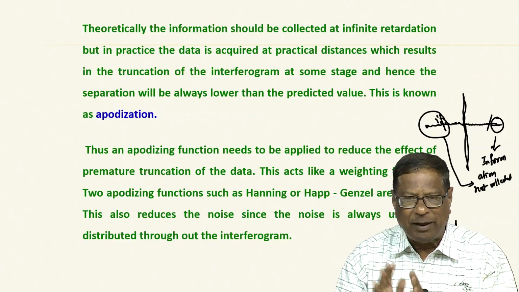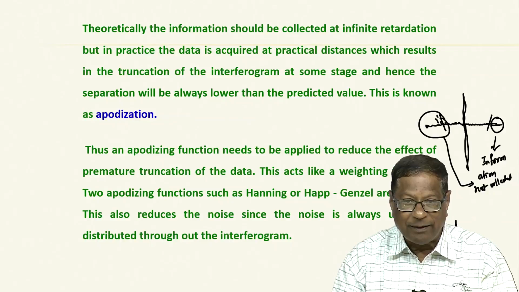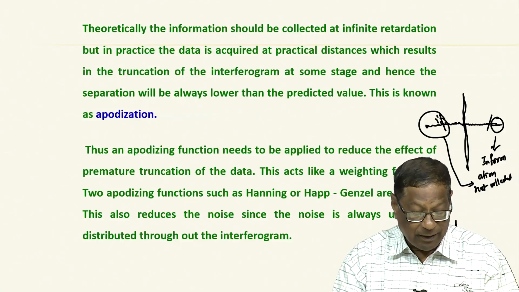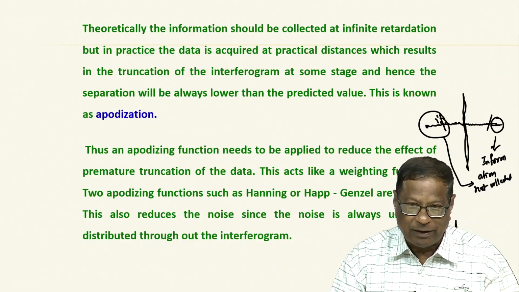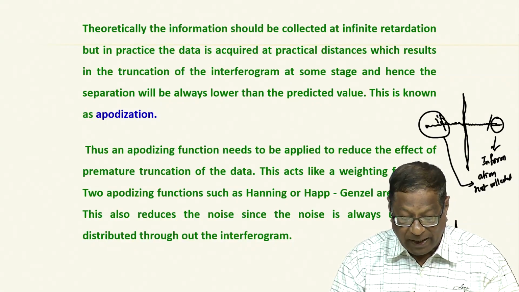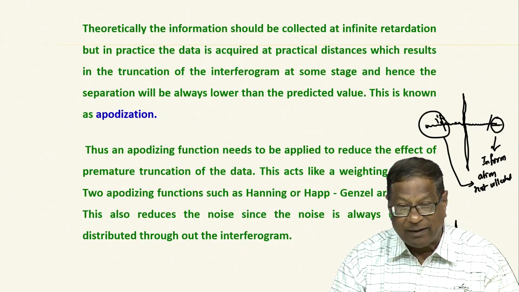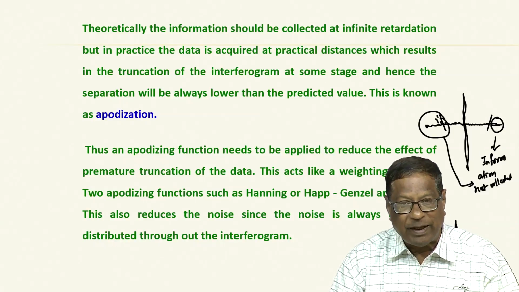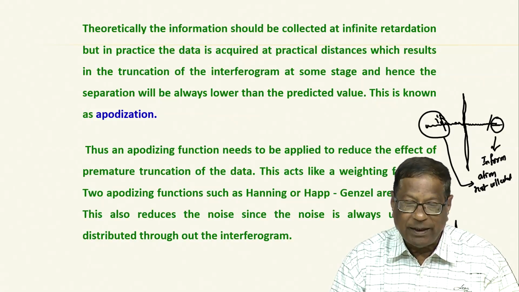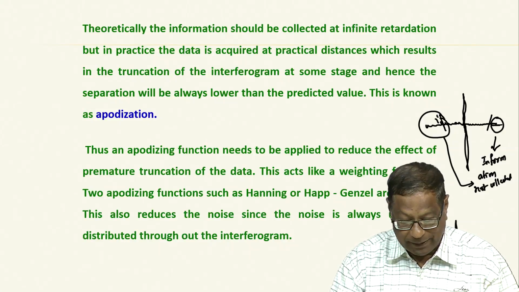Apodizing is a separate branch by itself, that is how much to cut, etc. Two applications are known in the instrumentation world. One is known as Hanning apodization, another is Happ-Genzel apodization. These two techniques are used for truncating the Fourier transform signal.